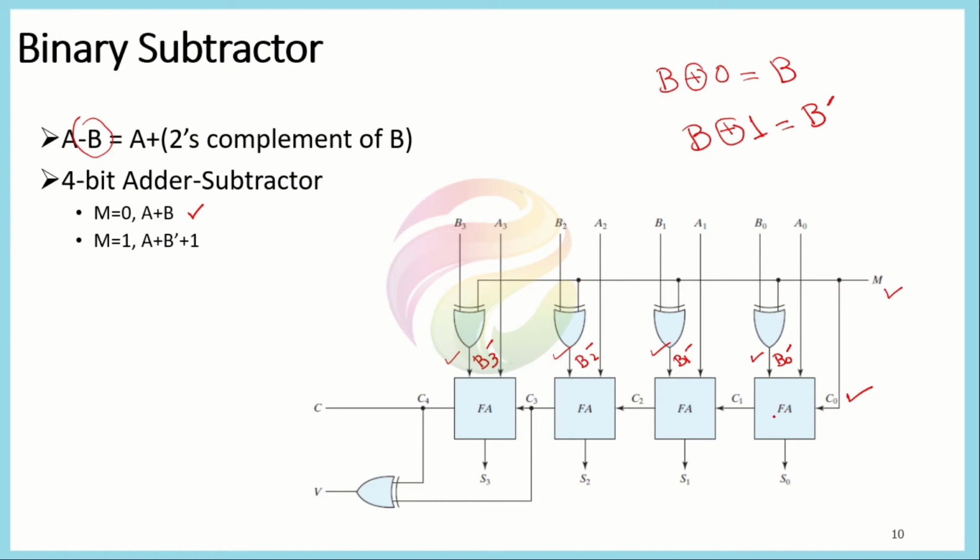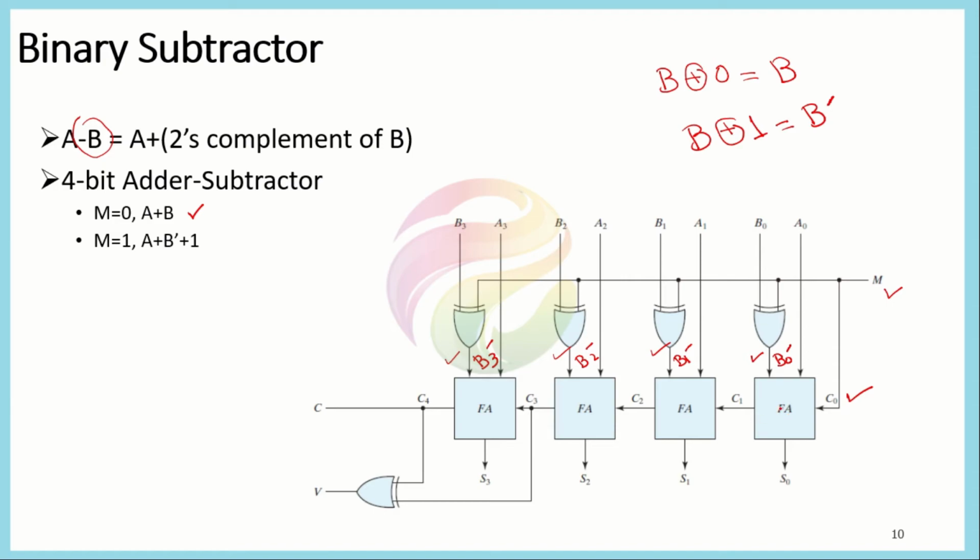But we have kept it as a full adder for a purpose: if we use C0 with m equal to 1, then that 1 is doing the addition. So we first complement them using these exclusive OR gates, and then when m is equal to 1, we get C0 equal to 1, which is equal to adding a 1 to the one's complement form. So it would give us the result in the two's complement form.